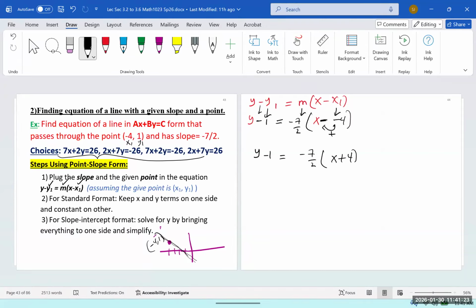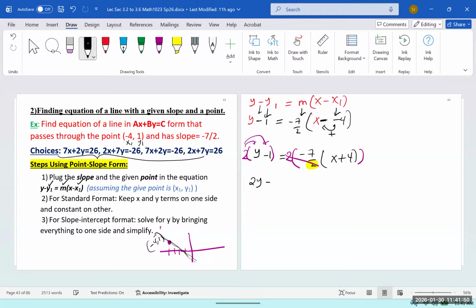If you look at the multiple choice, none of them have fractions. That means we need to get rid of the 2 in the denominator. So multiply both sides by 2. These 2s cancel out, and on the other side we distribute.